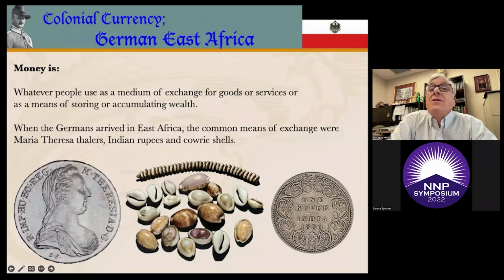This standard was based on the use of cowrie shells, Indian rupees, and Maria Theresa thalers. All three were introduced from abroad through trade. Cowrie shells from the islands of the Indian Ocean, Maria Theresa thalers through Arab traders, and Indian rupees through the Indian merchants that began setting up shop during the 1860s and onwards in the East African region.